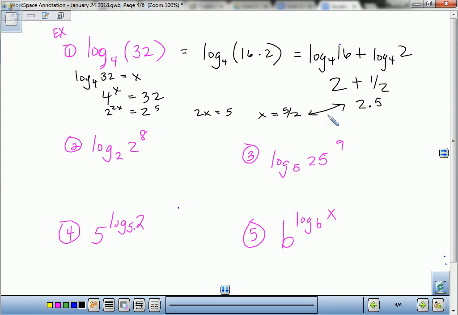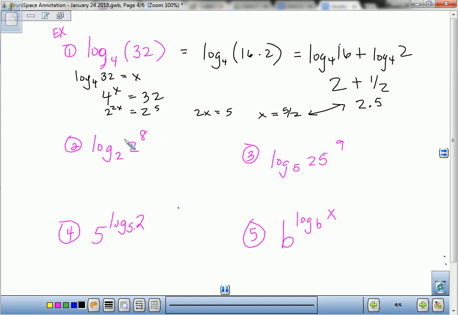Yes, they are. So it's just a different way of using the properties to evaluate log base 4 of 32. Now, whichever way you like is the way you should do.